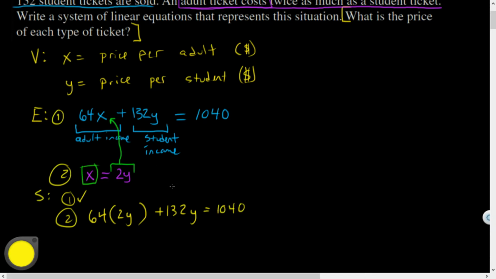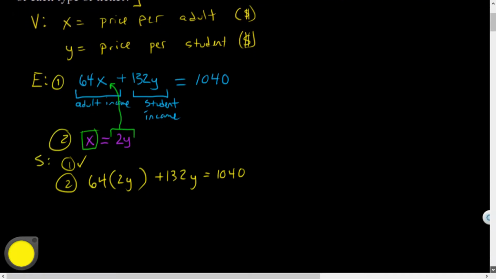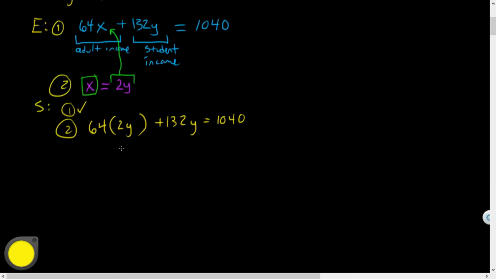Okay. Now, let's keep solving this. This is helpful to us, even though this is uglier than any of those other two equations, except it only has one type of variable. There's only Y's in this. So let's solve this. 64 times 2Y, 128Y, plus 132Y is equal to 1040.